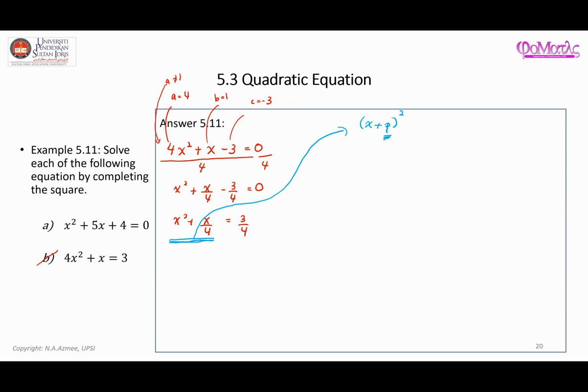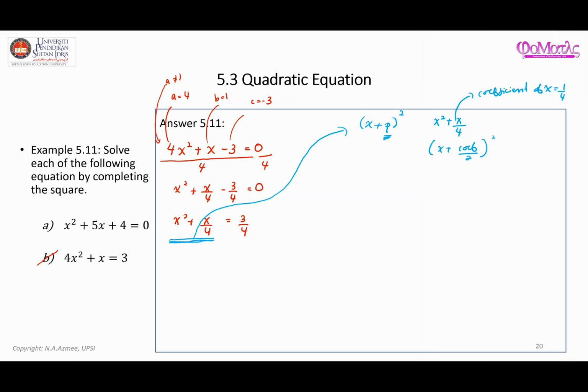A simple trick is to consider, for example, in this case we have x squared plus x over 4, and I hope you can see that the coefficient of x here is 1 over 4. Therefore, if I want to choose a number, it has to be x plus coefficient over 2, squared. So this is a simple trick that you can use all the time in order to find the number p.